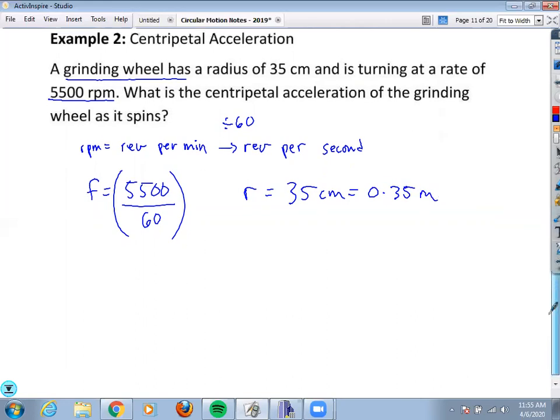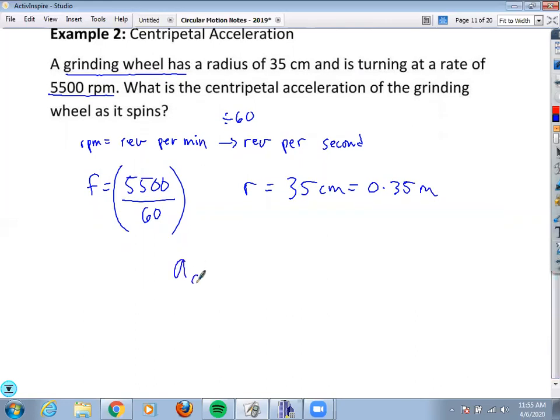So what we can do here is solve for centripetal acceleration. The centripetal acceleration would be 4 pi squared times r, which is 0.35 meters, times 5,500 divided by 60, squared.